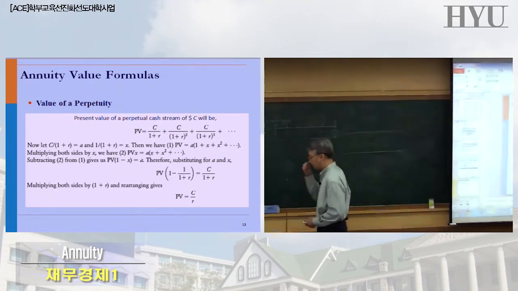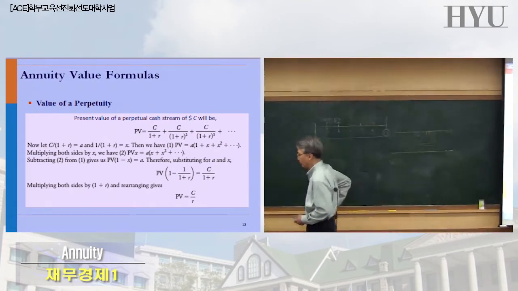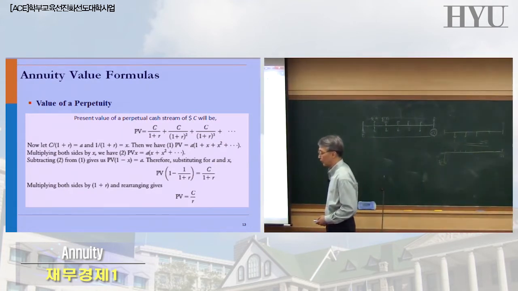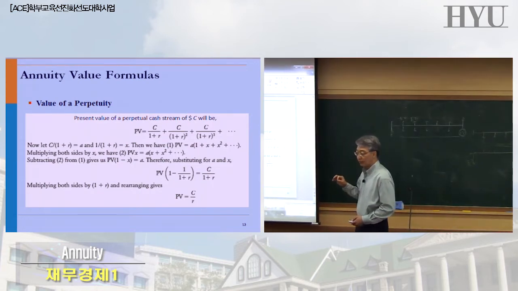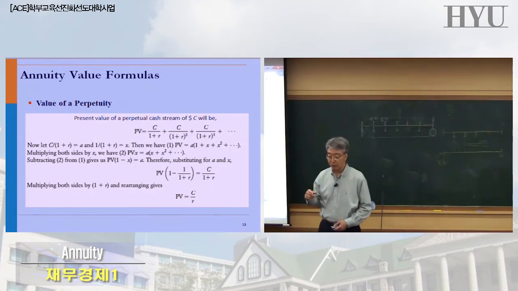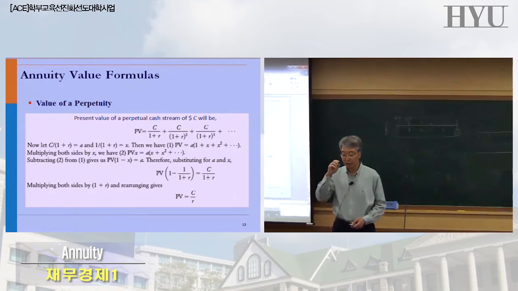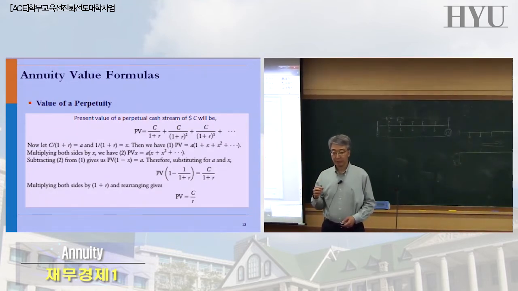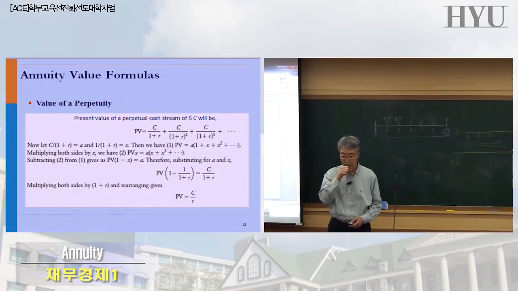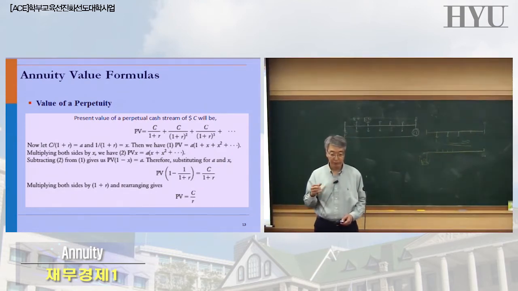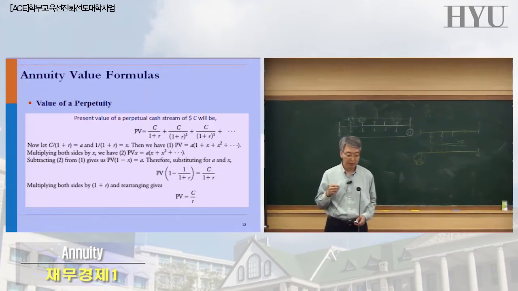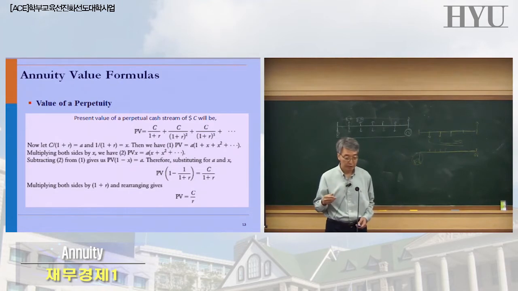Perpetuity is a bond which makes interest payments forever. Typical bonds make interest payments every period, usually every 6 months, for 10 years or 20 years. And after the maturity of the bond, whether it's 10 years or 20 years, it pays the interest payment and the principal.